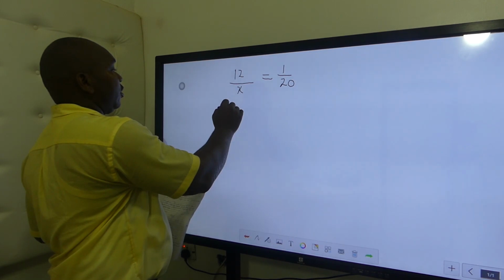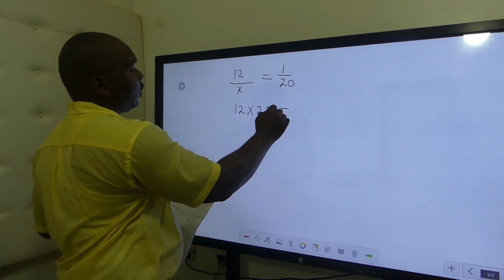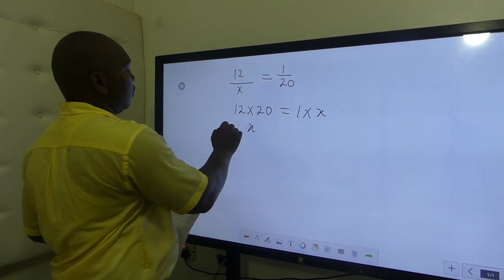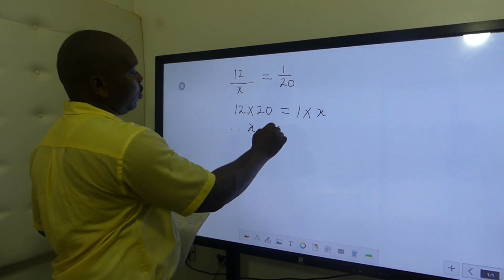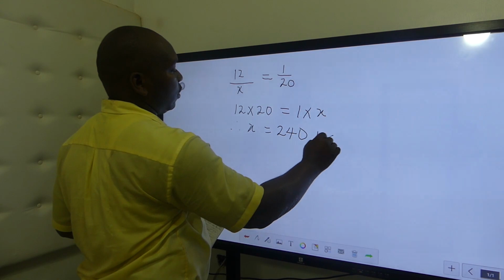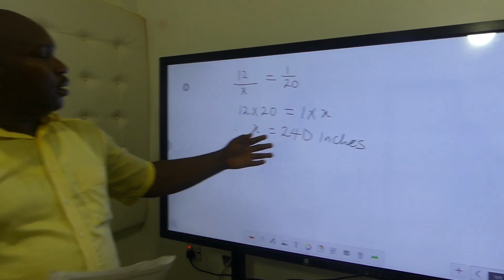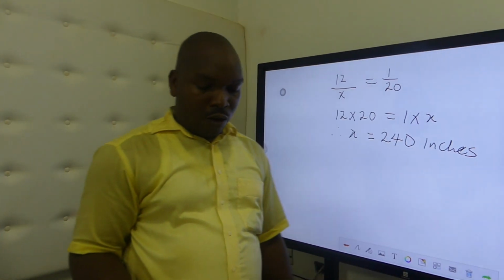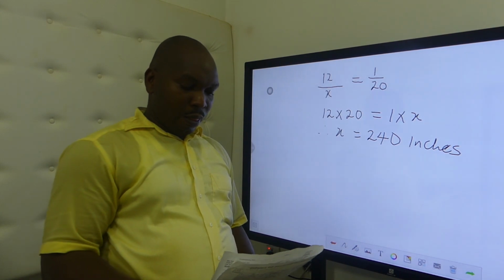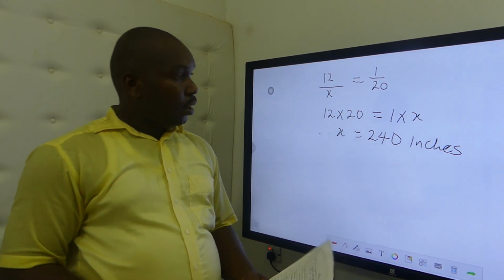Then with cross multiplication, you now have 12 times 20, which is 1 times x. So x now is equal to 240 inches. So this is the real length of the car in the question, or the vehicle.